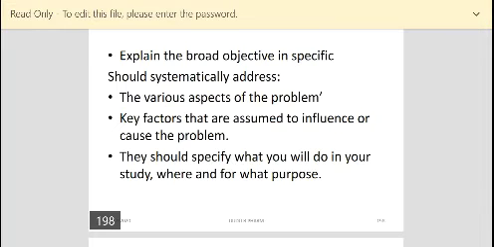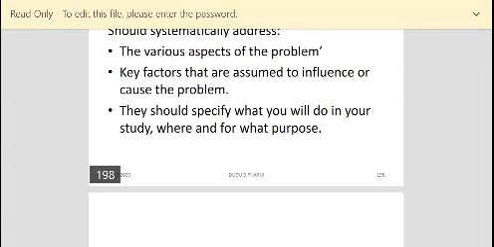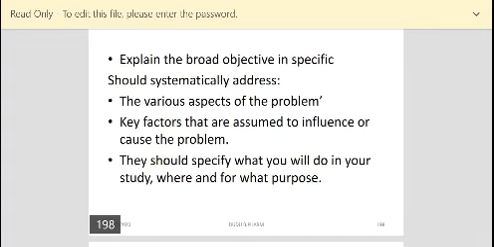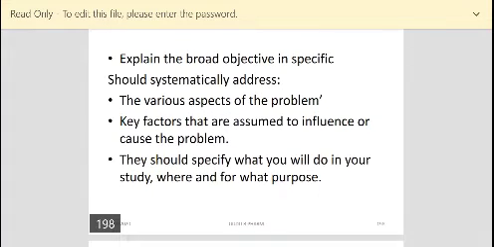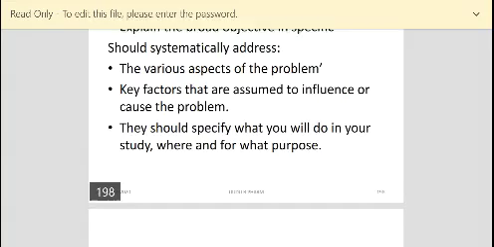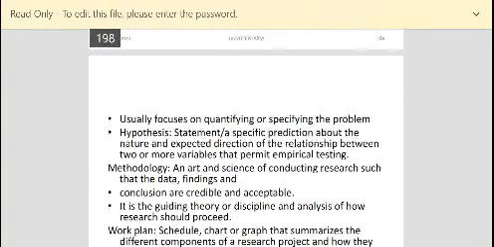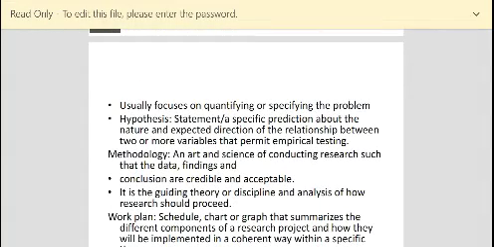They should specify what you will do in your study, where, and for what purpose. Usually this focuses on quantifying or specifying the problem.